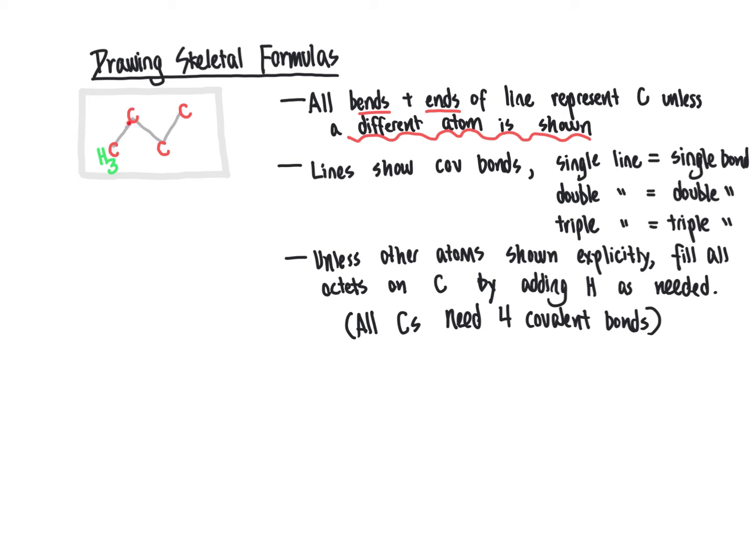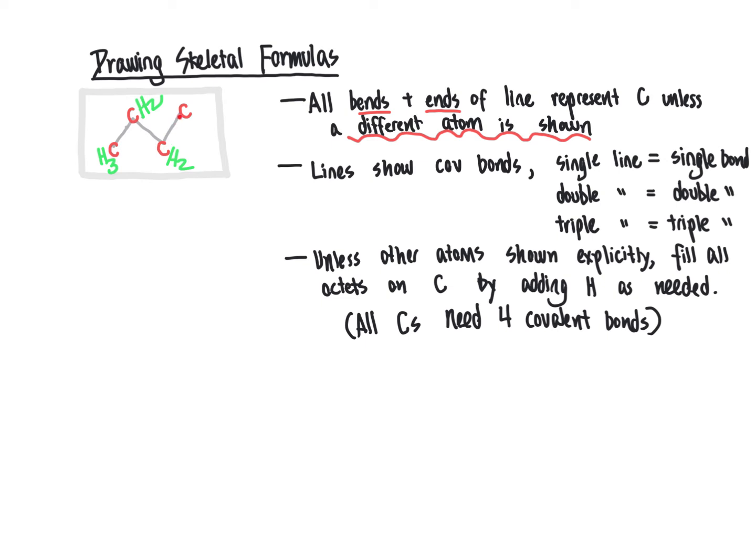Next spot here, right here at this carbon has 2 covalent bonds to here and here. And so to fill its complete octet, it would need to have 2 hydrogen atoms because it already has 2 of its 4 slots full. So 2 more slots would have to be filled by hydrogen to give it its 4 covalent bonds that it needs in total.